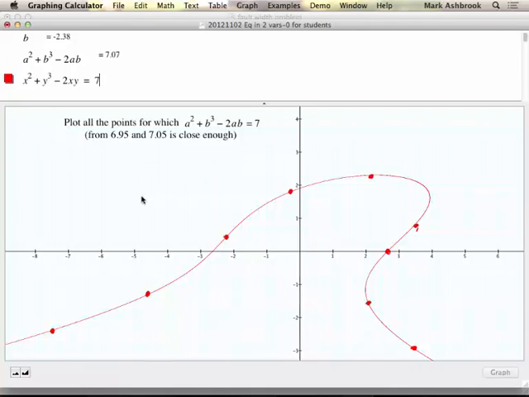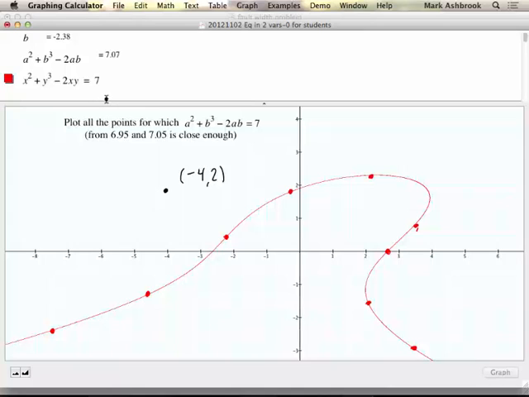So if I pick a point out here, tell me about this point right here. What's true about the coordinates of that point? It's not equal to 7. According to the coordinates of that point. What's true about the coordinates of that point relative to this equation? So negative 4, 2. What can you say about negative 4, 2 relative to this equation?